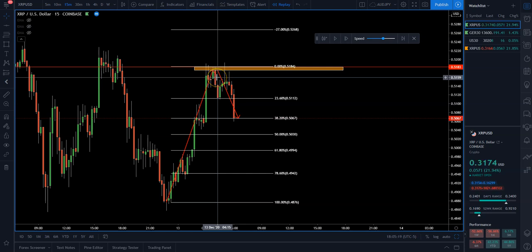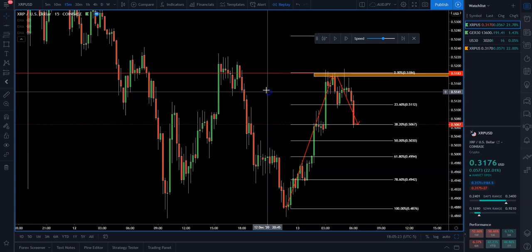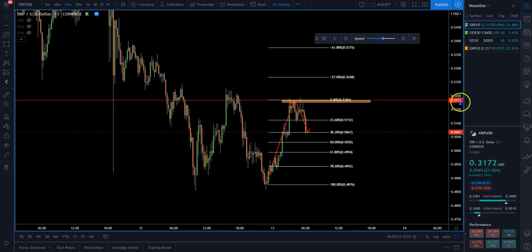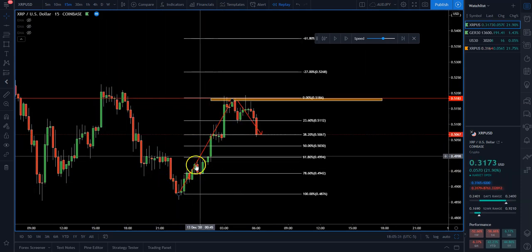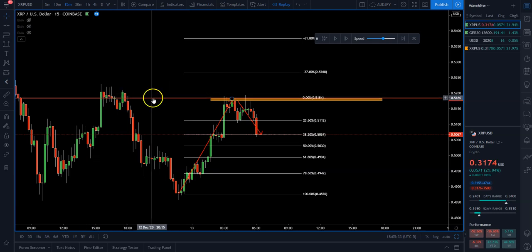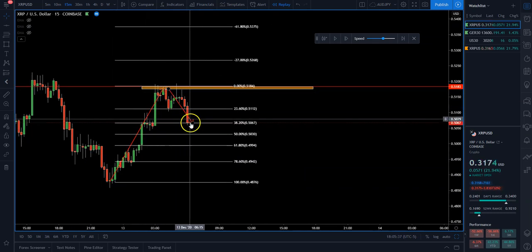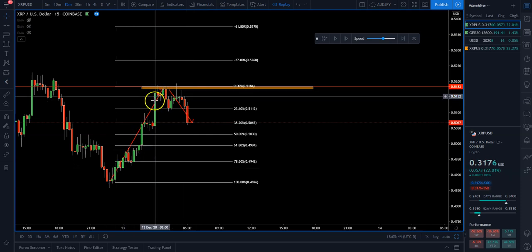Now our bias is that this is an uptrend. Overall it's considered a downtrend, but this looks like a reversal pattern because from here to here, this retraced all the way up almost 100%. But from here down to here, it's a 38% retracement of this impulse.